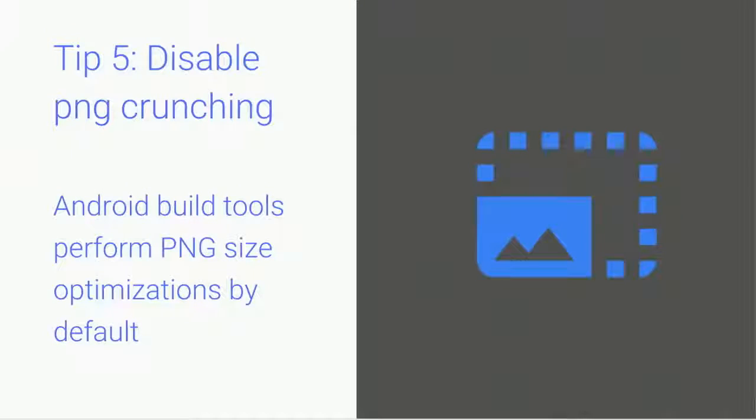Next up is disabling PNG crunching. Now, by default, AAPT will crunch your PNGs to reduce their size, yielding you a smaller APK. Again, that's a great thing for your release APKs, but not that important for your development builds.